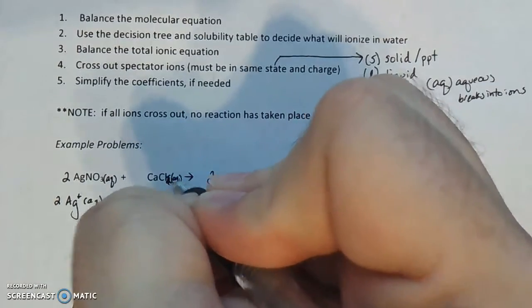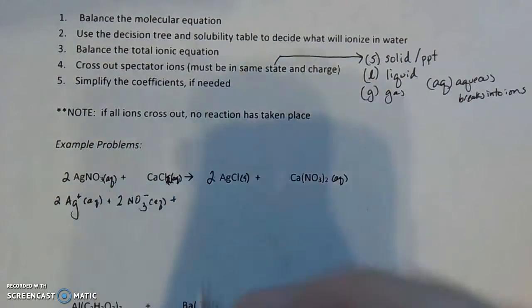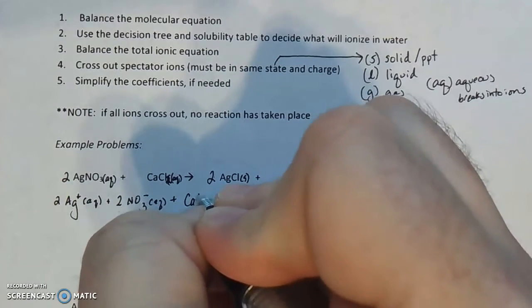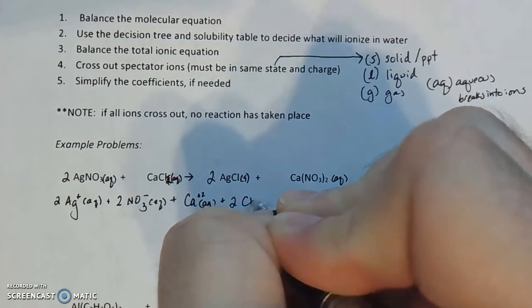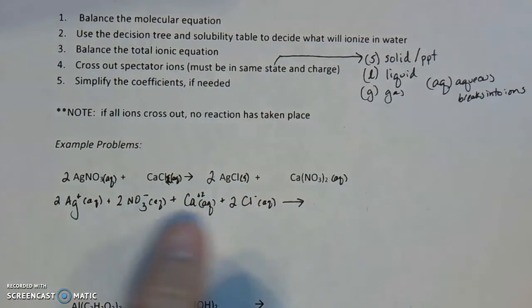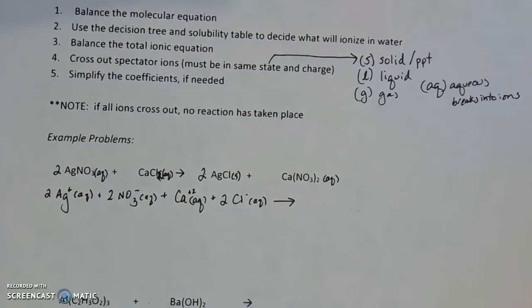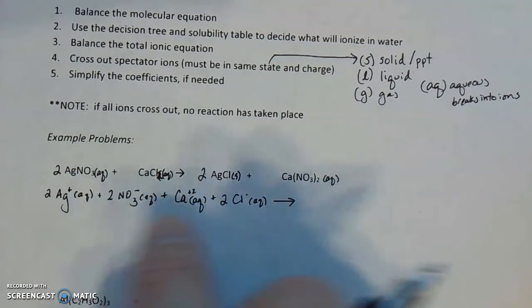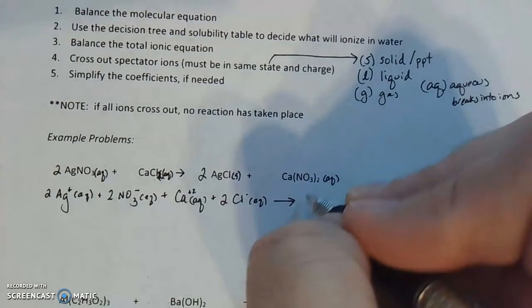CaCl2 breaks up. We don't have a coefficient in front of it, so we end up with Ca2+ AQ plus 2 Cl- AQ. So everything over here is just floating around as ions. But when a silver ion bumps into a chloride ion, it precipitates out.